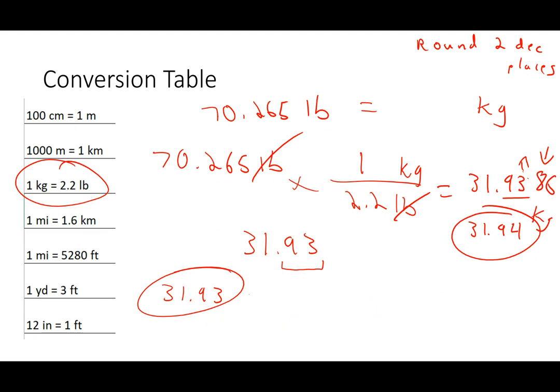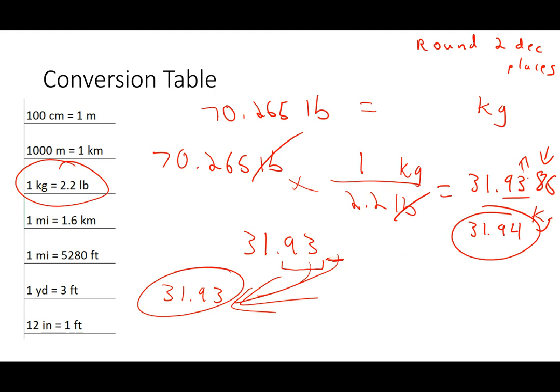Let's say I had something like 31.930 and I'm rounding to 2 decimal places. Because it's 0, I would round down and it still goes to 31.93. If it were 31.929, because of this number, I would still round down. It doesn't matter what these numbers are, it just matters what this number is.